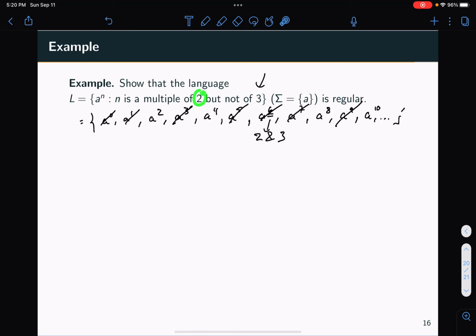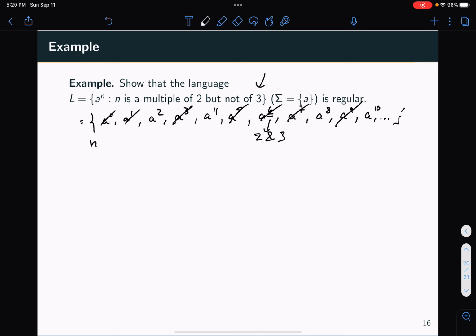I have 2, which is prime, and 3, which is prime. And so the cycle that I need to look at to find integers that are multiples of something and not of that other thing, that cycle is only going to be within these 6 elements. So it's just going to be a reoccurring pattern, right?